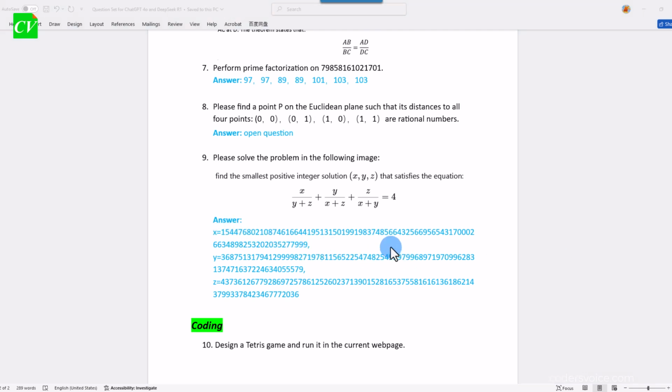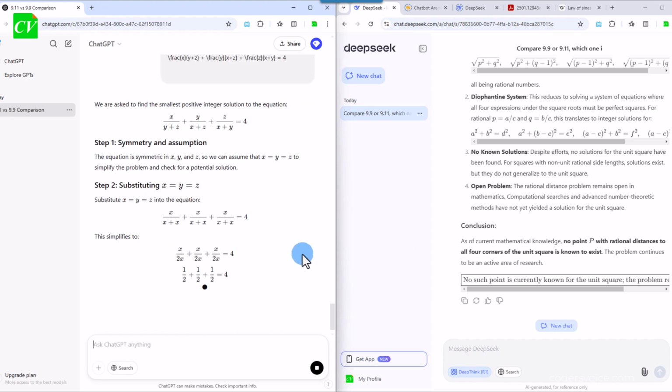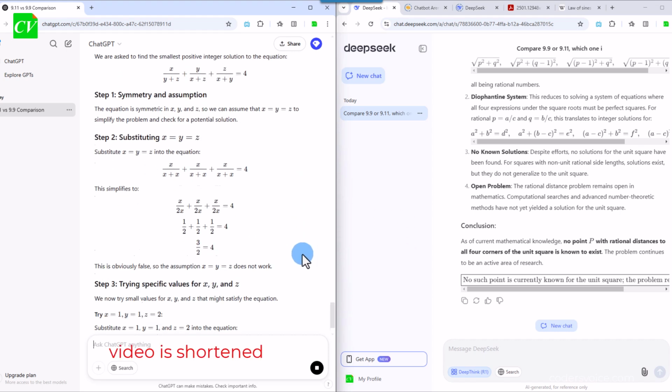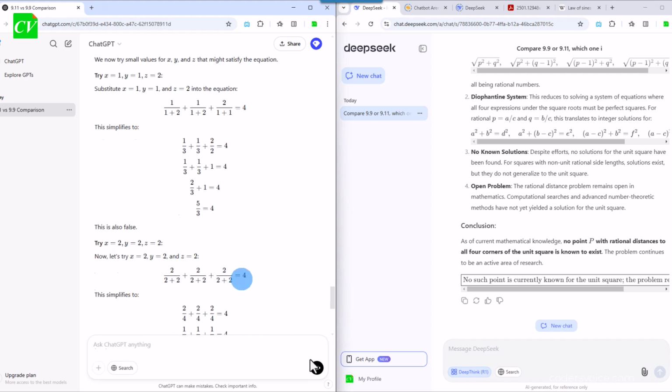So let's take a look at how ChatGPT and DeepSeek solve this problem. It says a correct solution may need additional time. I'm not sure if this means that it can solve the problem or it needs more time. So I do it again.